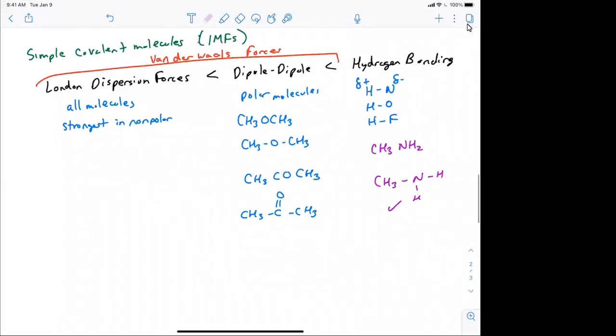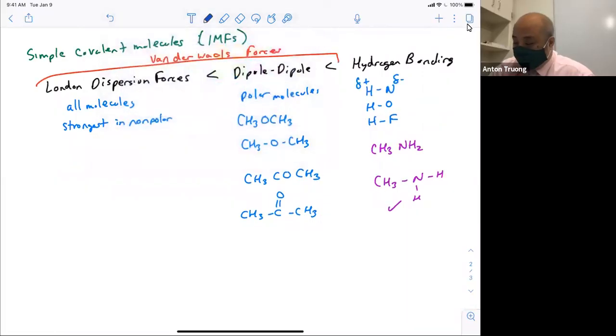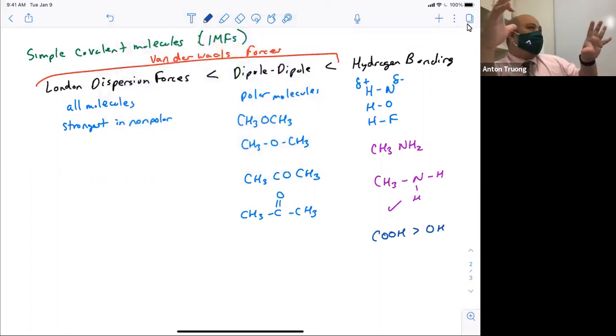And you also want to make a note that the hydroxyl group is weaker than the carboxyl group when it comes to force of attraction. Because remember, the strength of the hydrogen bonding is how positive that H is.